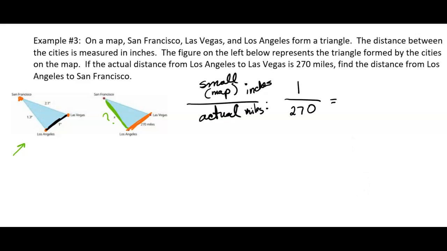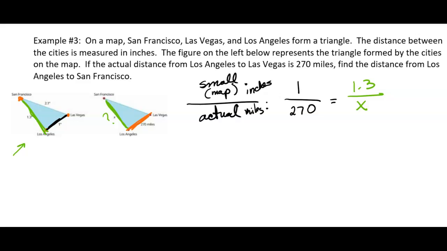And that's got to equal, and now here comes the stuff we don't know, the small map, the 1.3, so 1.3 inches to X. That's the one we don't know. So you have to be consistent. I have to always put the inches in the numerator and the miles in the denominator. Now, if you say, well, I wanted to put miles in the numerator, that's fine. You just have to be consistent, and it'll all work out. Proportions are fairly forgiving. You just have to make sure you are consistent with what you're doing.